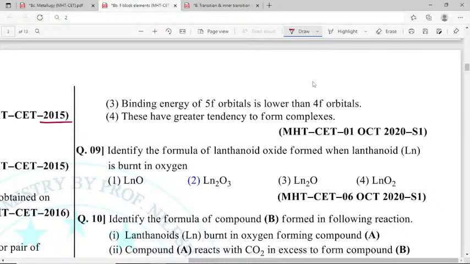Binding energy of the 5f orbital is lower than the 4f orbital, correct. These have greater tendency to form complexes, correct.